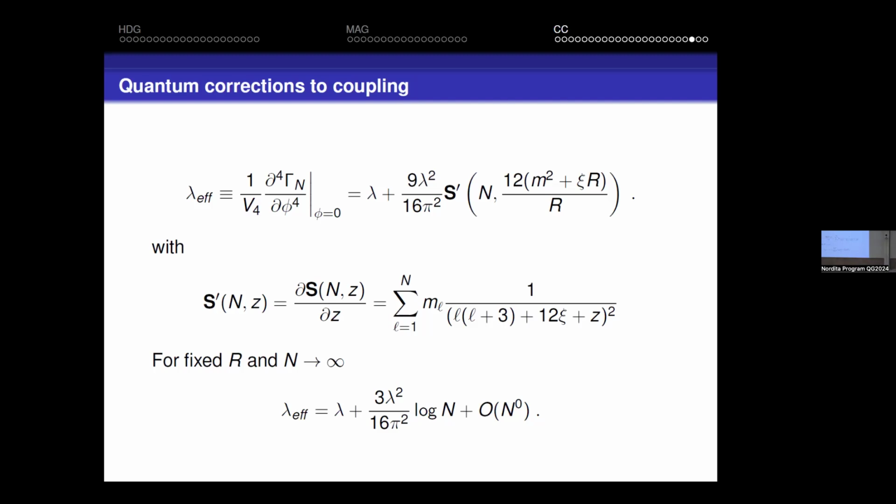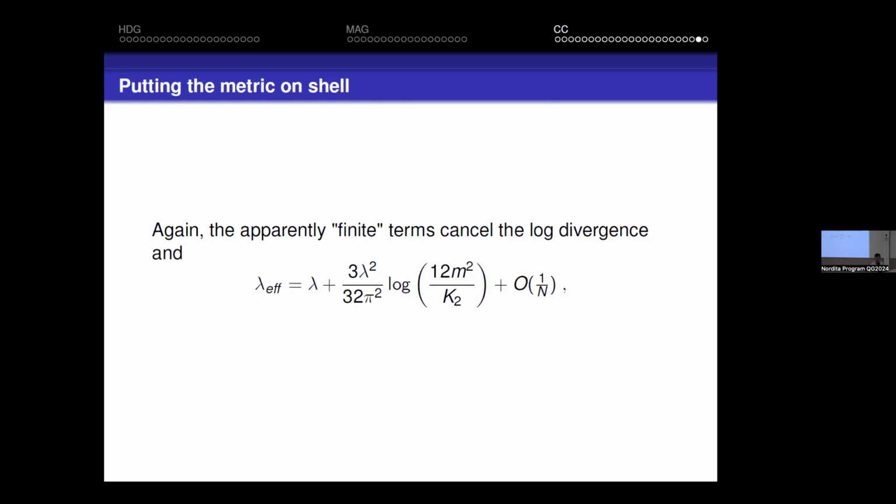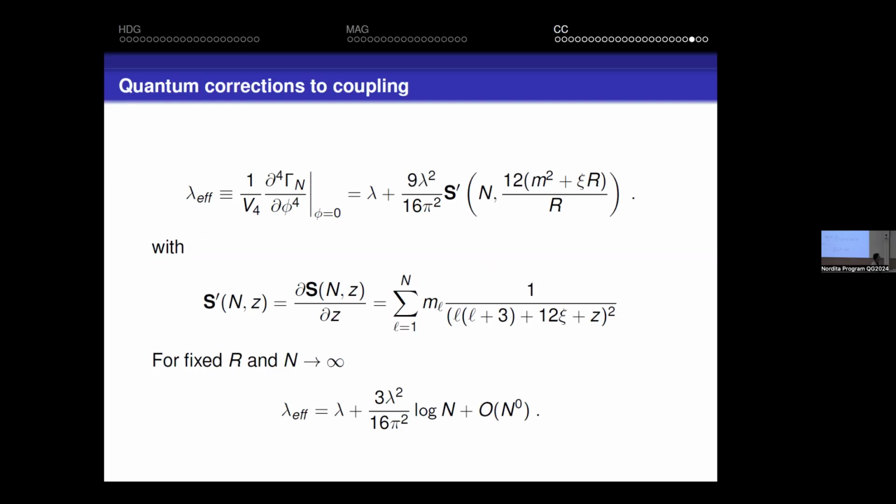So what I'm saying here is that if you treat R as a fixed parameter, you will find the usual divergence here with the right coefficient. But again, there are some finite terms of order n to the 0 that however depend on R. And if you put R on shell, this dependence on R produces the log n that exactly cancels this log n.